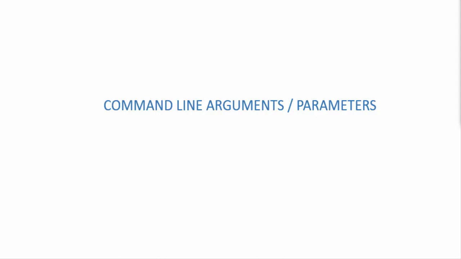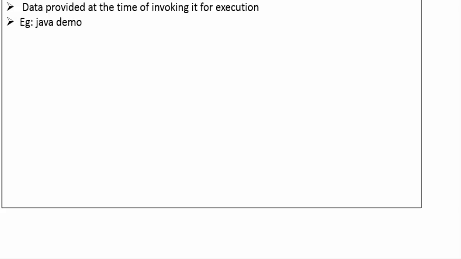When any input value is passed through the command prompt during runtime, then this value is called a command line argument. In other words, the data that we provide at the time of invoking the program for execution, or the arguments that we supply to the program during its execution, are the command line arguments. For example, java demo.